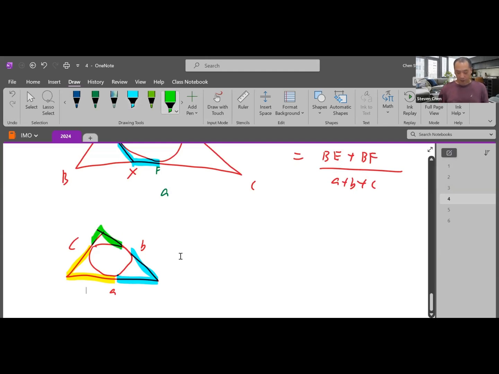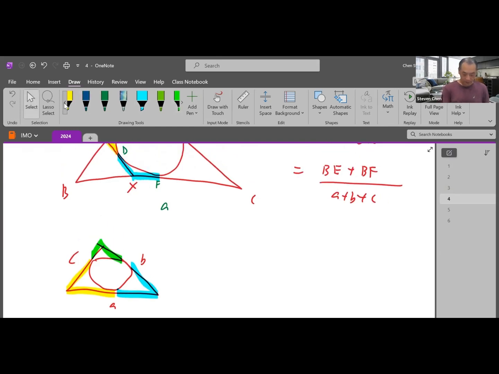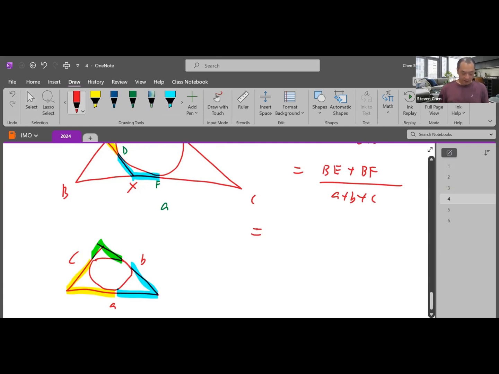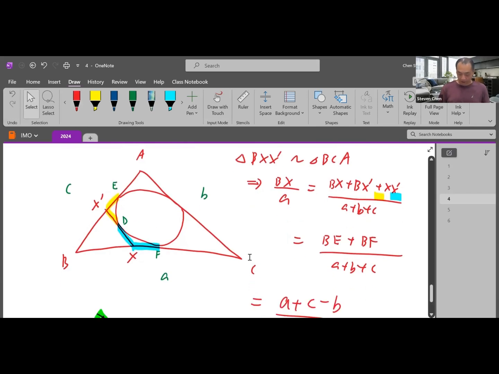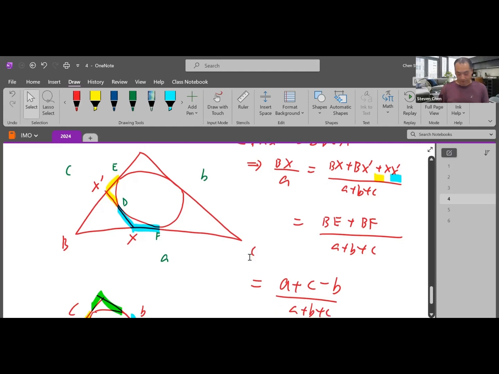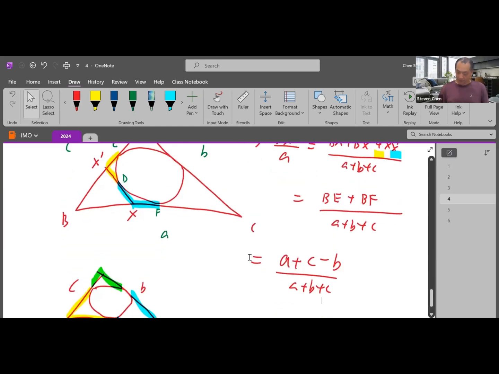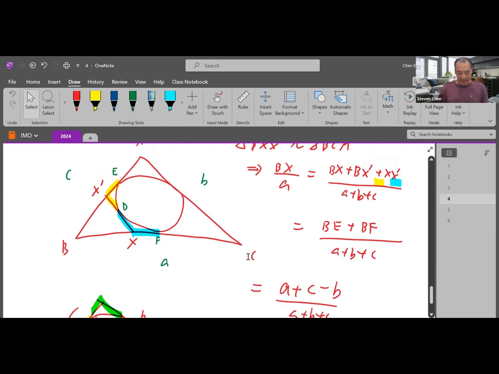So in particular for the yellow one, we need to compute the sum of them, which is simply equal to a plus c minus b, right? Wow, we get a very elegant formula for the length of BX. That is amazing. This is something we really, really love to see. Awesome. Okay, so basically now we know exactly the length of BX.